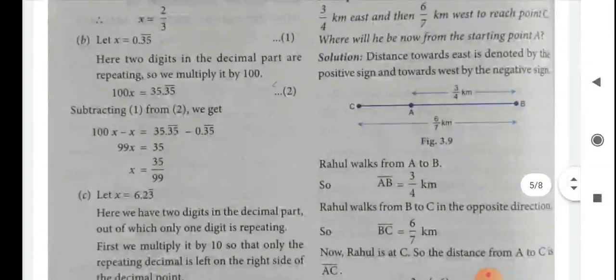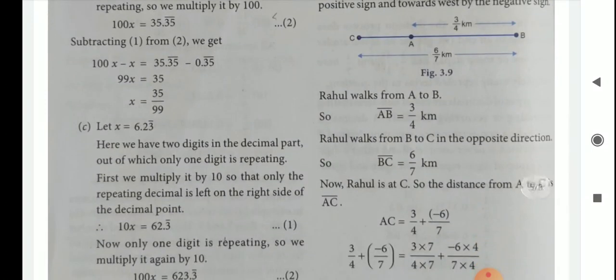Here, first we write the data. Rahul walks from A to B, then B to C. Now Rahul is at point C. Okay, so distance from A to C. So what we do? A to C means AC equal to AB plus BC. Okay, but BC is in the opposite direction.